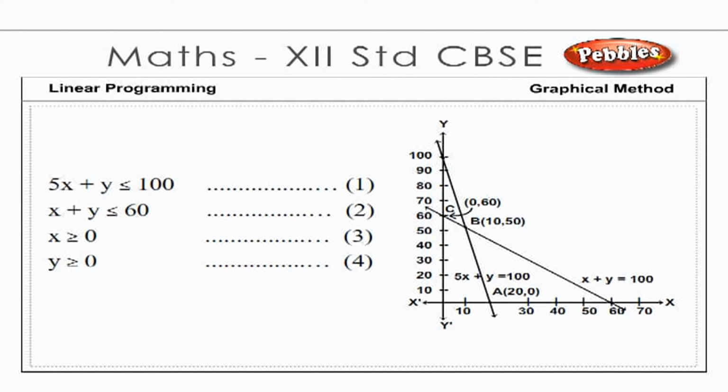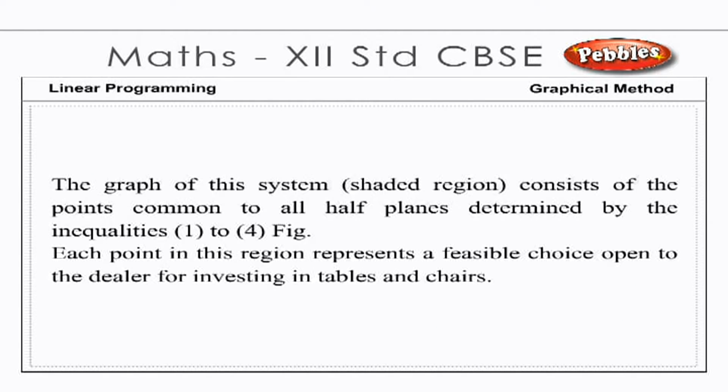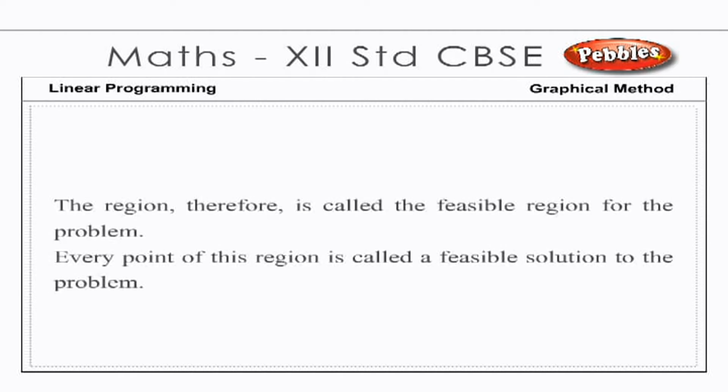The graph of this system, that is the shaded region, consists of the points common to all half planes determined by the inequalities 1 to 4. Each point in this region represents a feasible choice open to the dealer for investing in tables and chairs. The region therefore is called the feasible region for the problem.